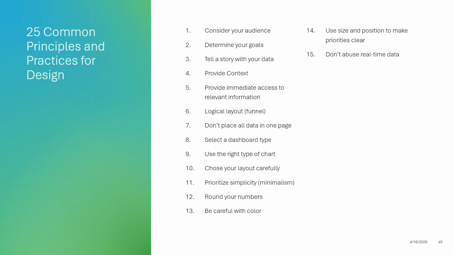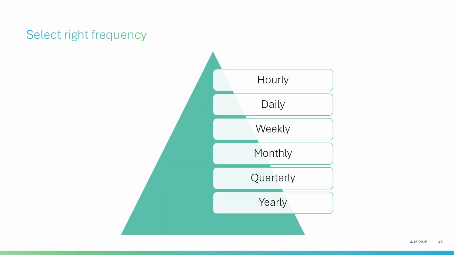The other thing, don't abuse real-time data. We need to really calibrate how often we really need to have the data. It is yearly, quarterly, monthly, weekly, daily, hourly, but every single time that you pull the data it is going to generate traffic.